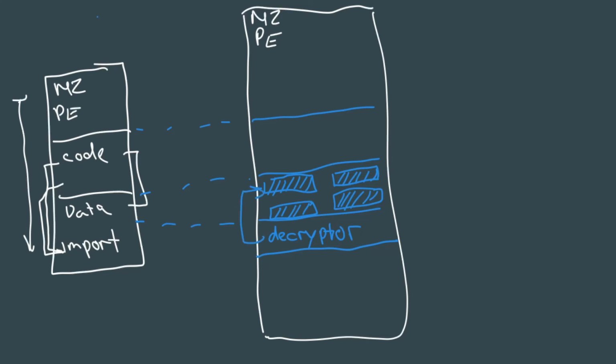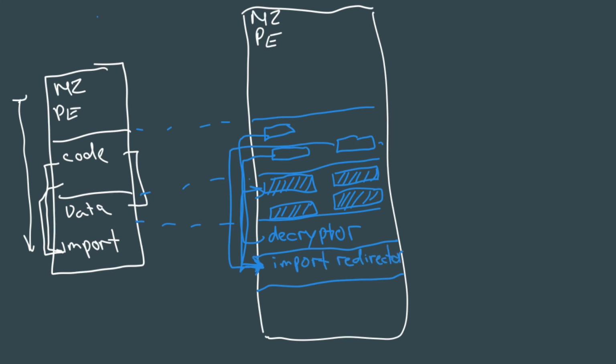It can also analyze the import table, find all the places where the imports are called, where the system APIs are called, and replace them with calls to its own code, which would actually have an import redirector, and based on the return address of that call, it would know the location, right? So here there would be a table of what actual import it needs to call.